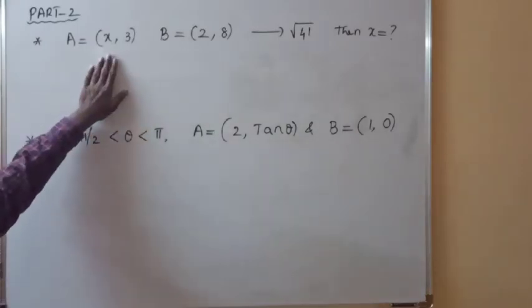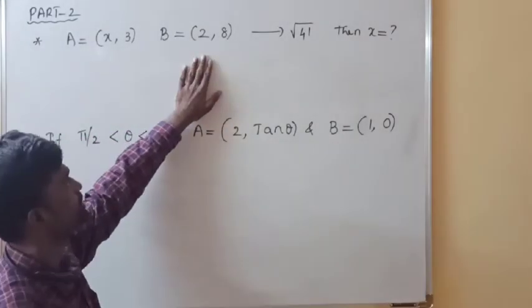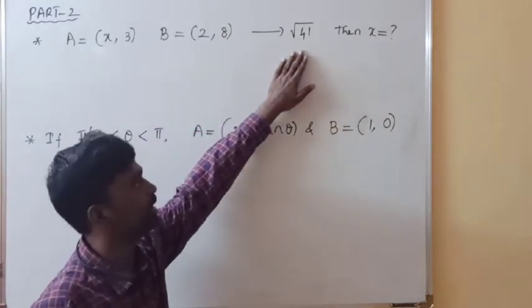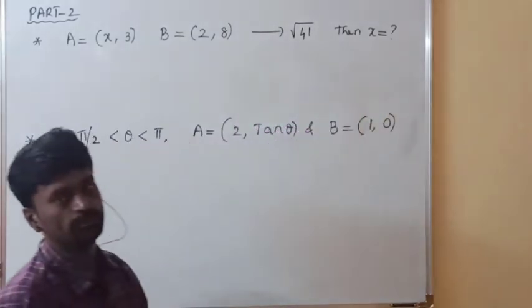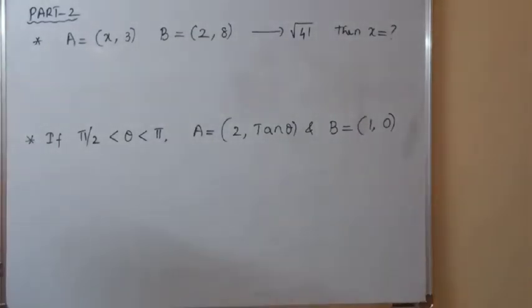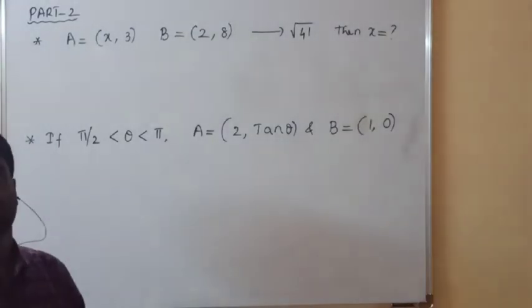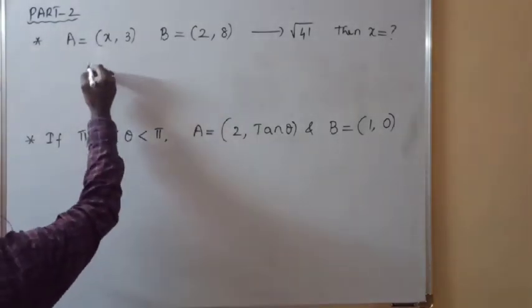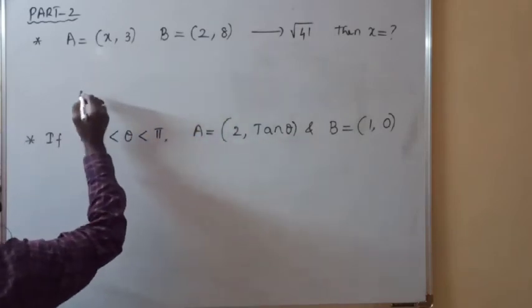Given A point is (x, 3), B point is (2, 8), and the distance between A and B is root 41, then what is the x value? Okay, so use the distance formula. What is the distance between A and B according to the formula?